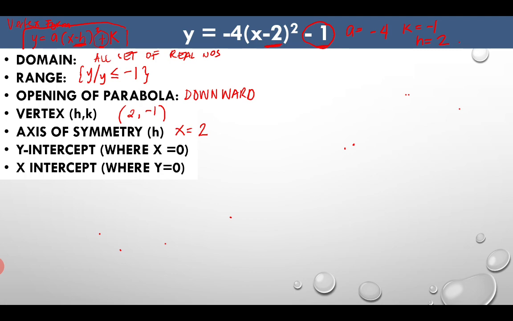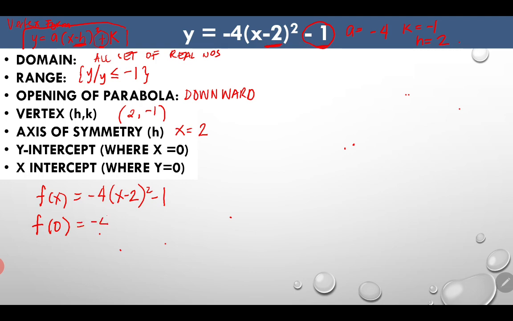But since our given is in vertex form, all we need to do is make all our x equals to 0. So, let us use the function f of x is equals to negative 4 times quantity x minus 2 squared minus 1. So, substitute, make the value of 0 to all the x's.